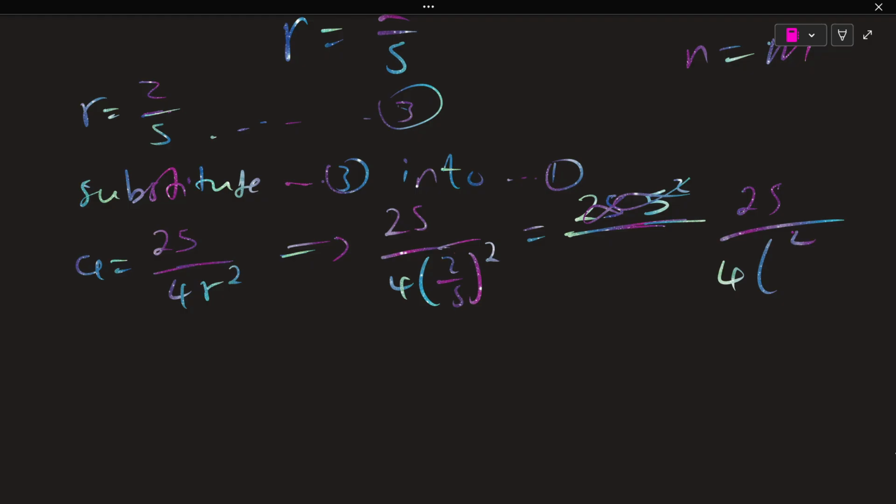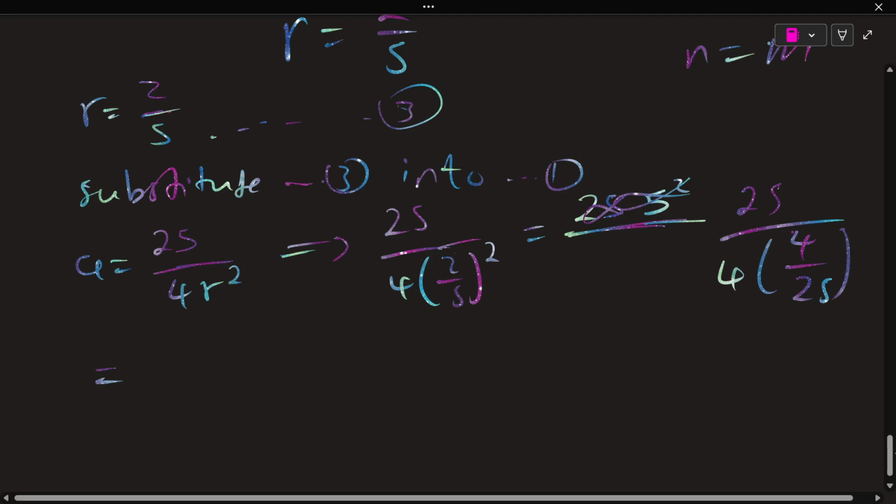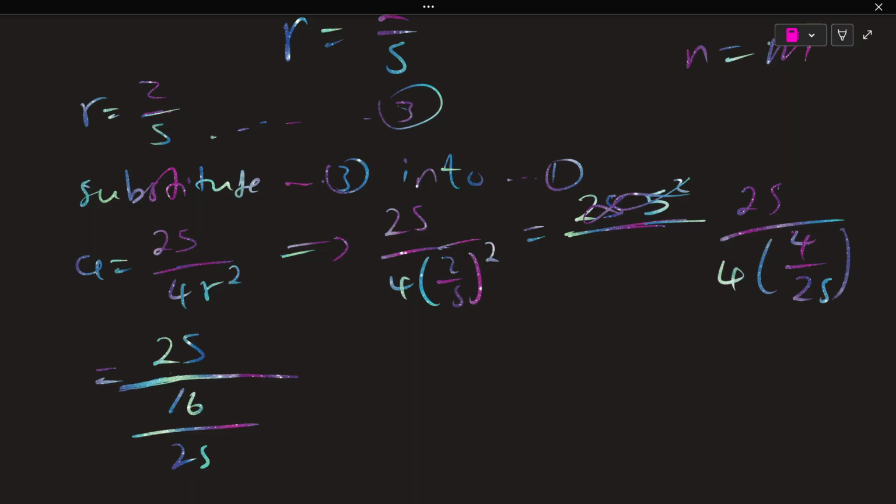Let's do this: we have 25 divided by 4 into 4 over 25, and we have 25 over 16 divided by 25.